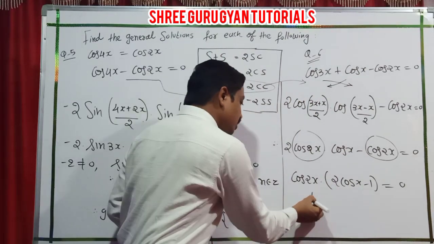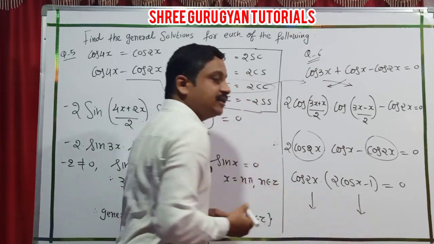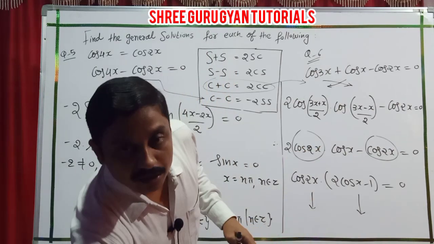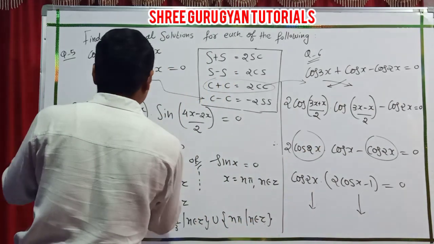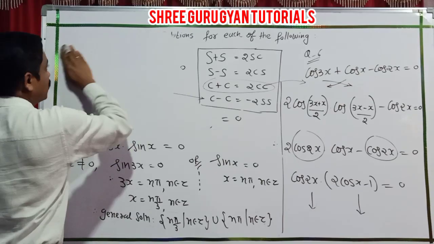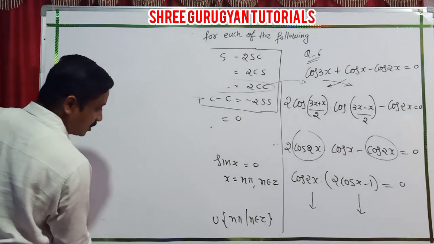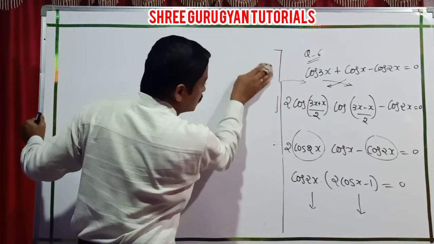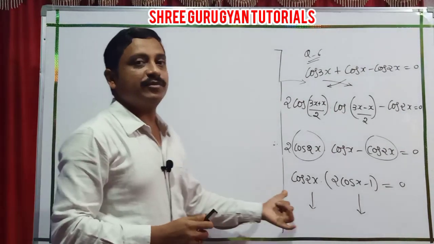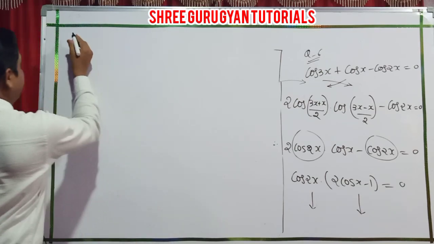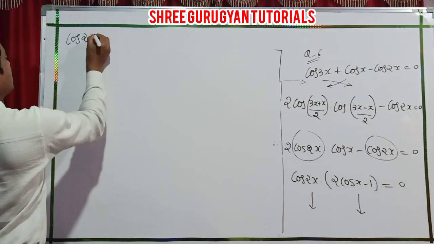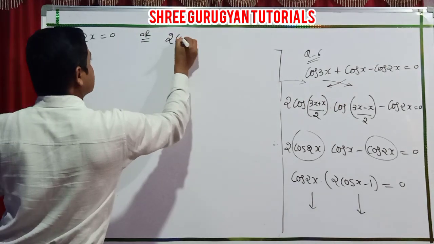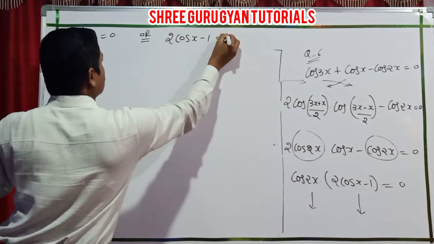Now here there are two individual answers, this and this. You take both separately, and they give two answers. So I solve the first term equal to 0 and then the second term equal to 0. It's very easy. First of all, I apply cos 2x is equal to 0, otherwise 2 cos x minus 1 equal to 0.